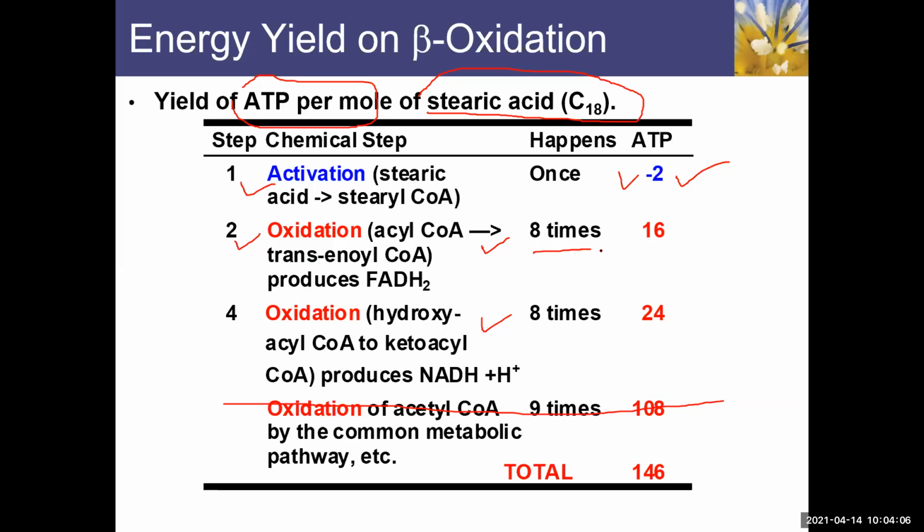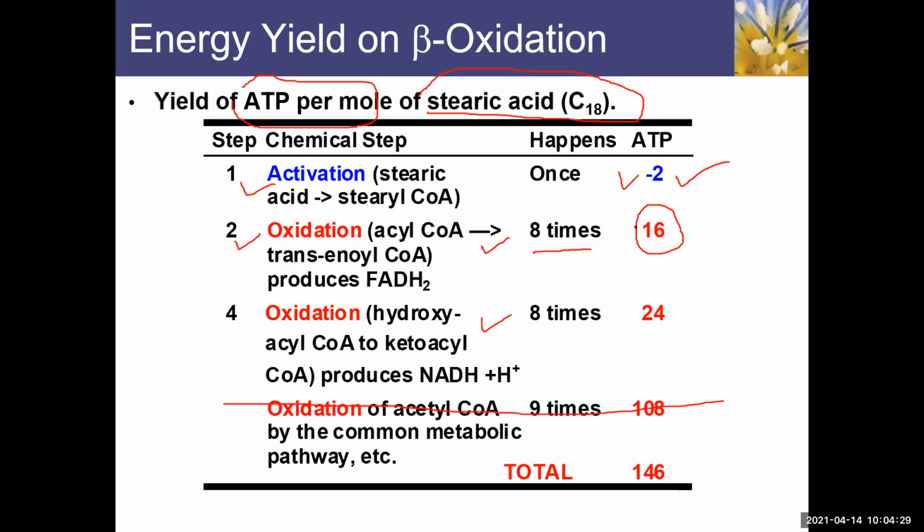One FADH2 will give you 2 ATPs, so 8 into 2 is 16. Did you all understand how I calculated this? When you know your number of cycles, it can also tell you how many NADH or FADH2 we produced.